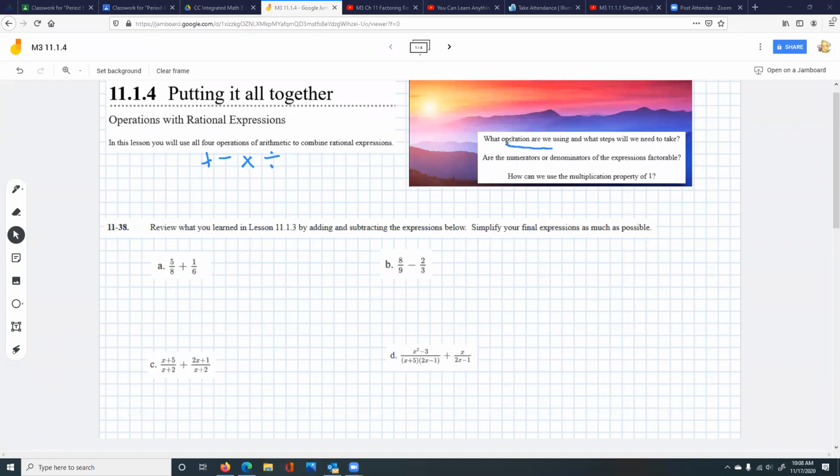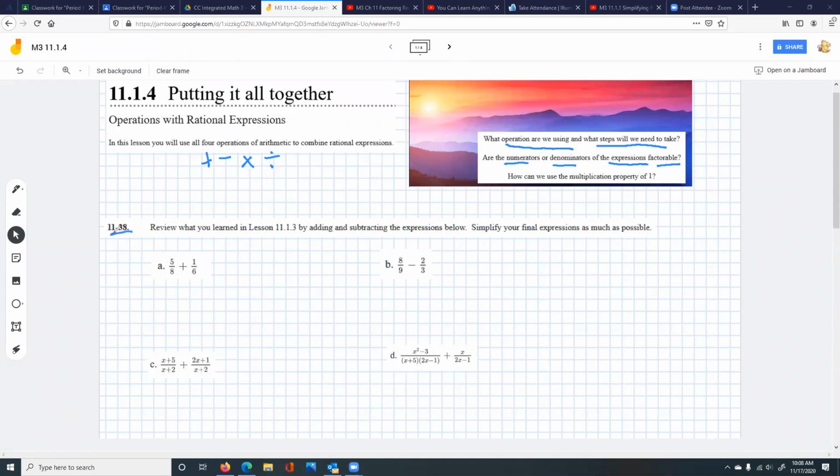What operations are we using, and what steps will we need to take? Are the numerators or denominators of the expressions factorable? If things are factorable, you want to factor them. If you're not factoring, you're not doing the homework correctly. How can we use the multiplication property of 1?